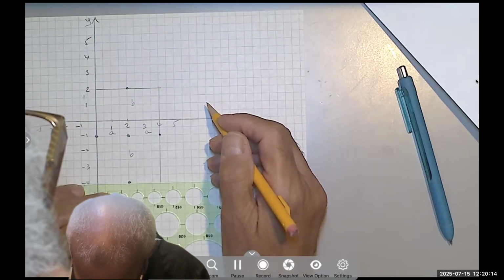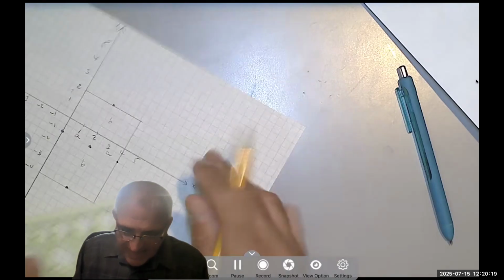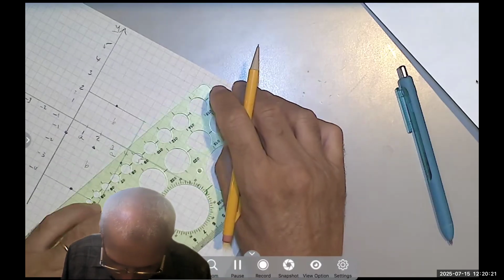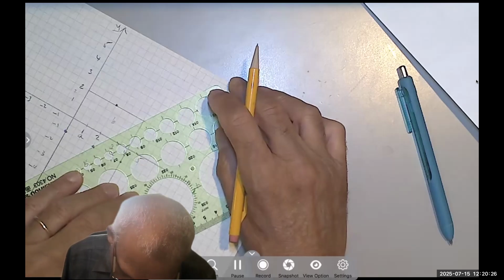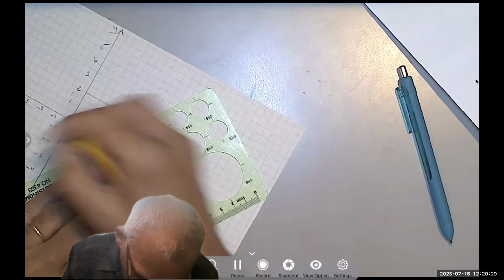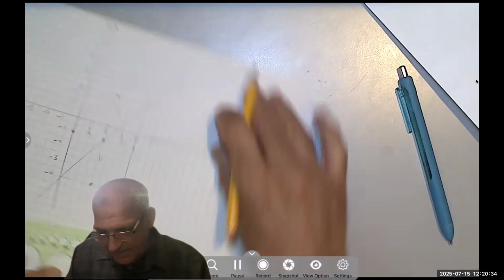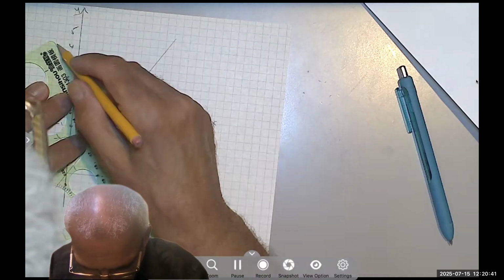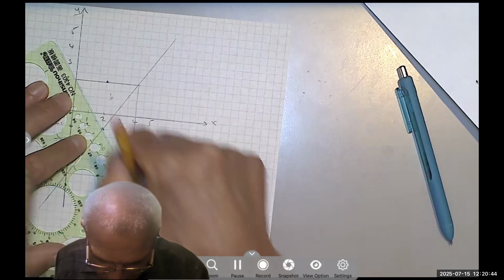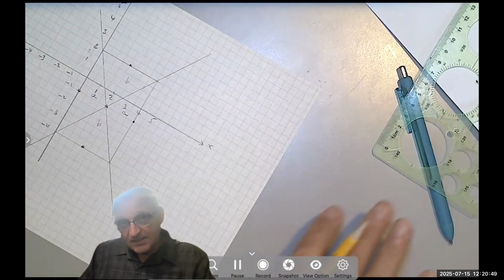This box, when I join its diagonals, it gives me the asymptotes of the hyperbola. So that's one asymptote. And that's another asymptote of the hyperbola. And now I can draw it in a way slightly accurate. Of course, manually you cannot do it accurately, but I know now that it's opening right and left.